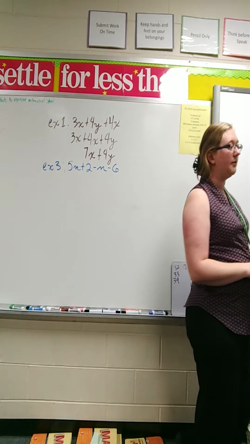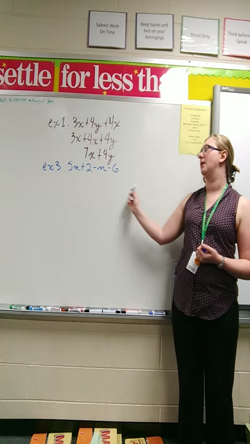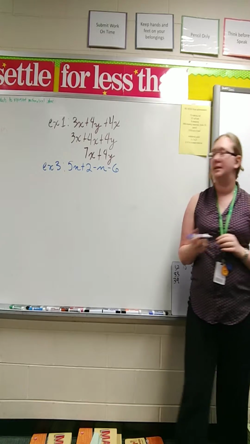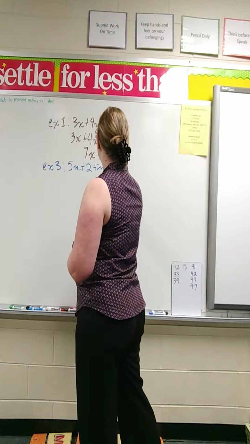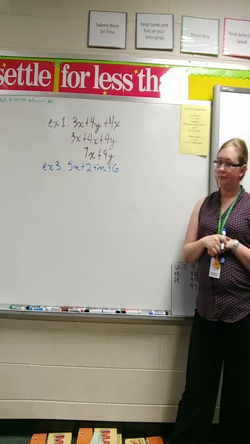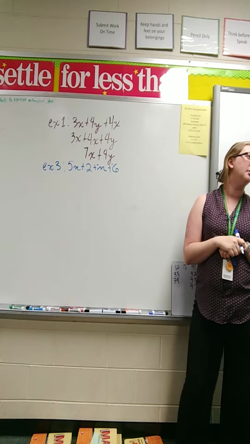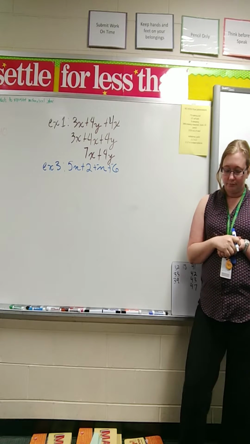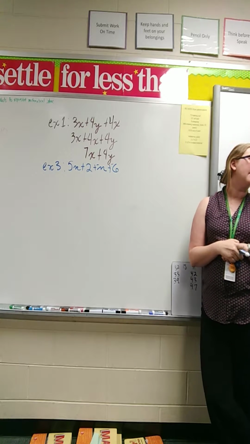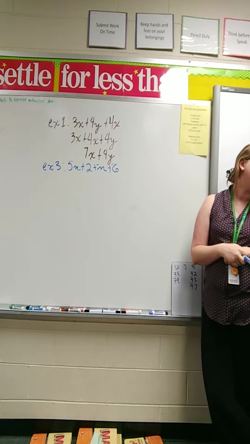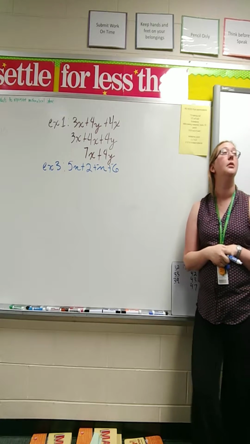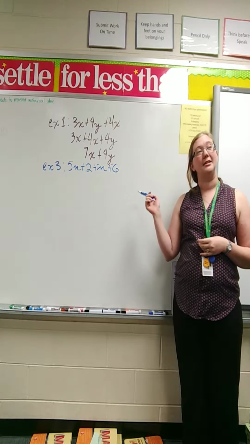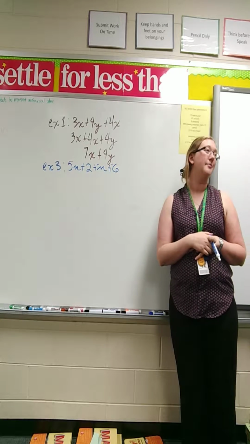Now we know that our associative and commutative properties only work with addition, so what am I going to do with this? KCA. Okay? Now can I use all of my properties? Yeah. How should I rewrite this to combine my like terms?